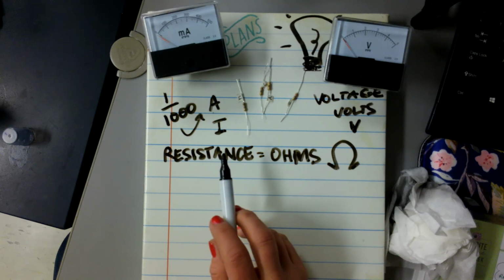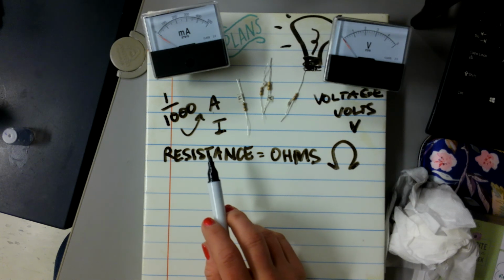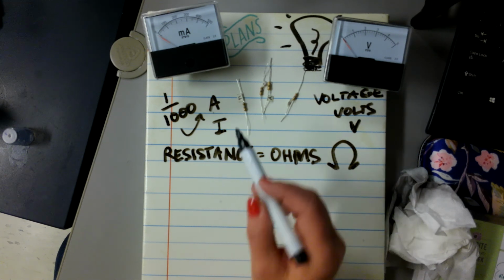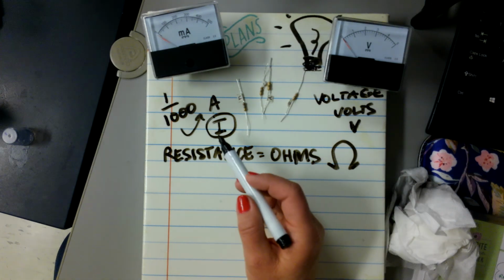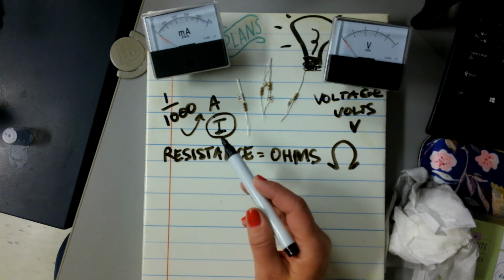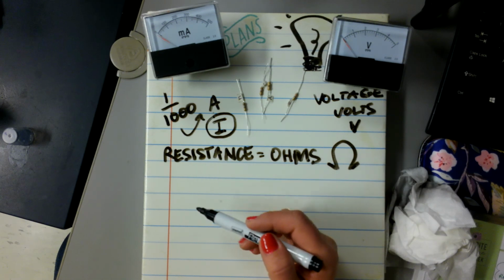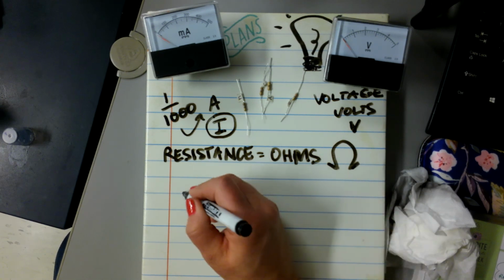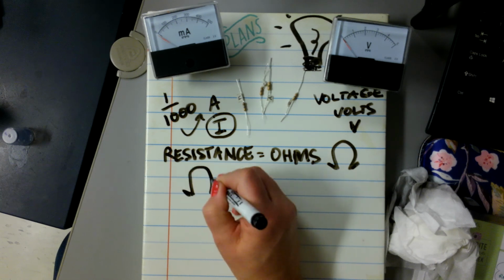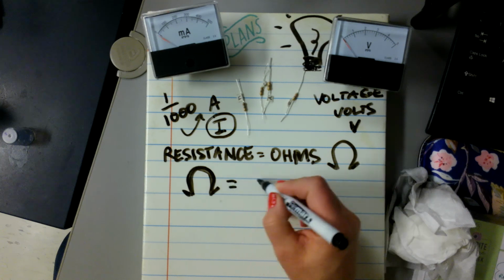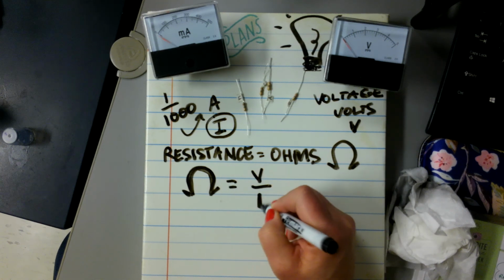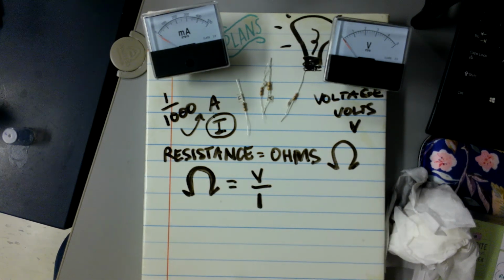And he used a French word for it, but intensity, the current intensity, is what brought him to the symbol of I for amps, how much current flow is running through that system. And when I want to calculate ohms, my formula is how much resistance is equal to the amount of volts over the amount of amps.